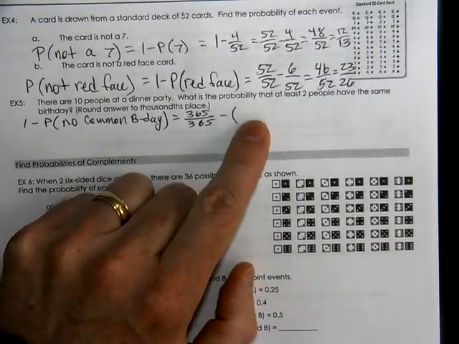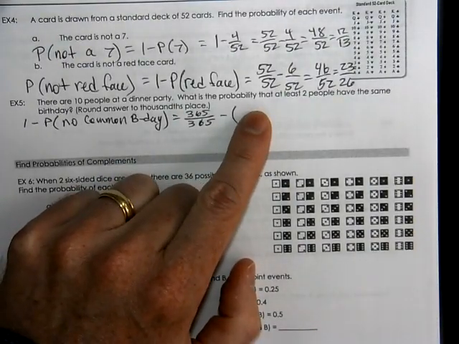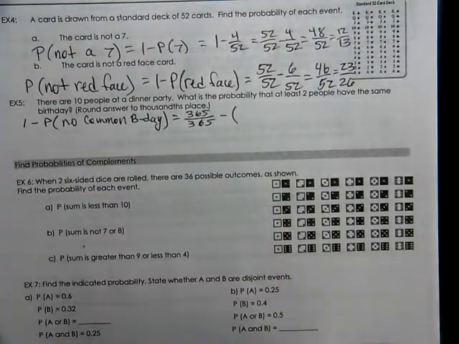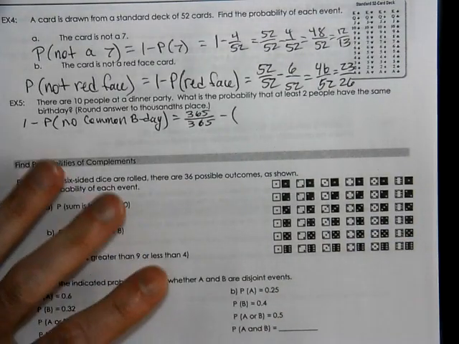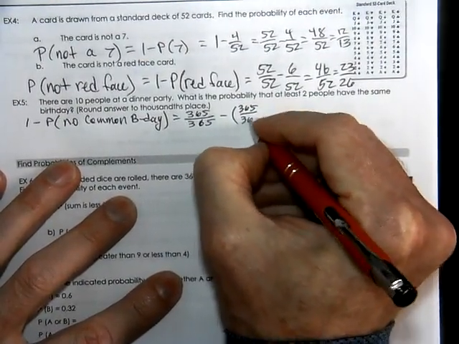How many days can the first person that's surveyed have their birthday in? Can the first person get matched with anybody if we have nobody to match it with? The first person that walks into the room can't have the same birth date as anybody else because they're the first person. So that's 365 over 365.